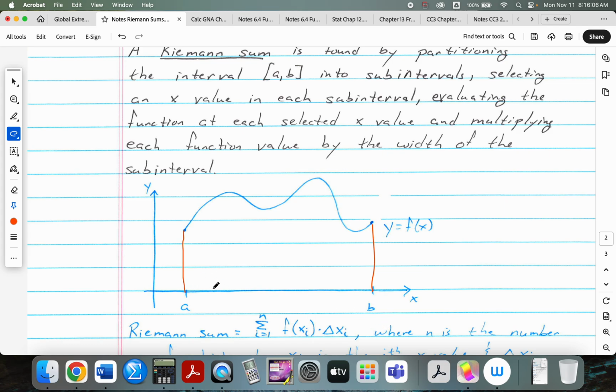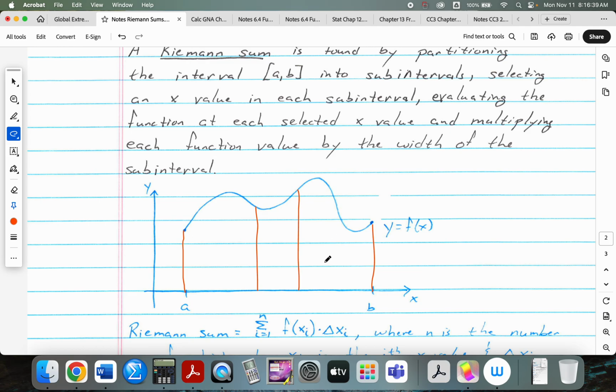I'm going to divide the distance from a to b into 3 subintervals just to show you. So I'm going to divide it here. And the thing about this is nowhere did it say these had to be even width subintervals, did they? They also didn't say where I should figure out what f of x is.